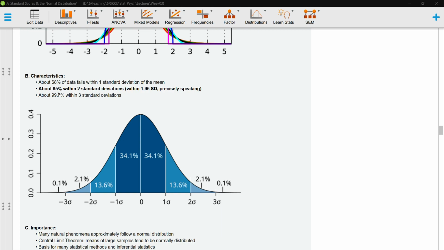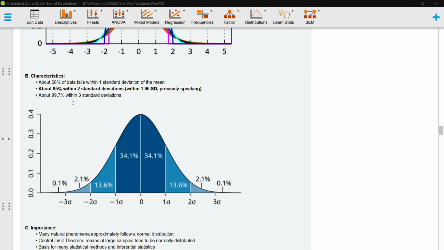And this number is exactly the same for all kinds of normal distributions with different means and different standard deviations, all the same. So this is an important characteristic of the normal distribution.